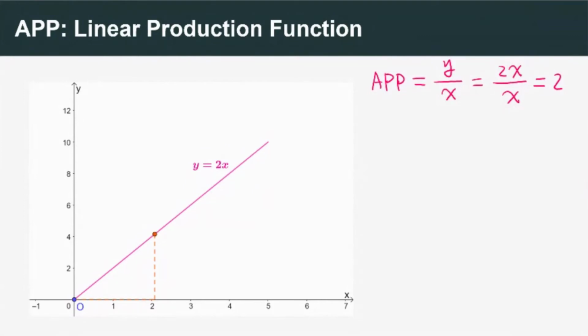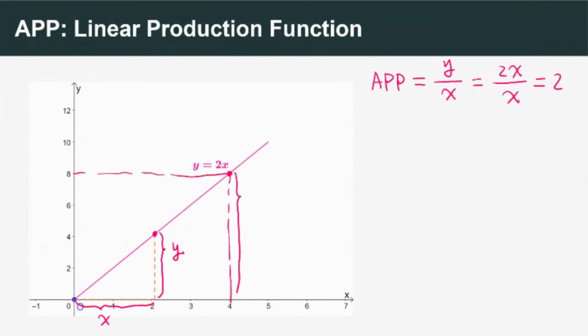In terms of geometry, take this point as an example. This is its y value and here is the x value. So APP is simply y over x. And if you take another point, let's take a different point of x equals 4.